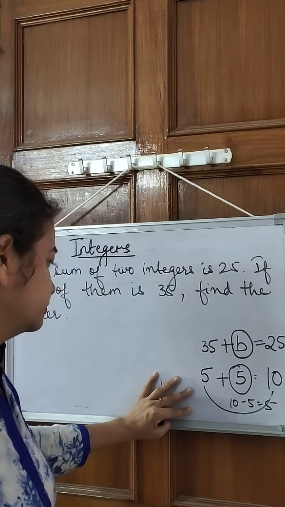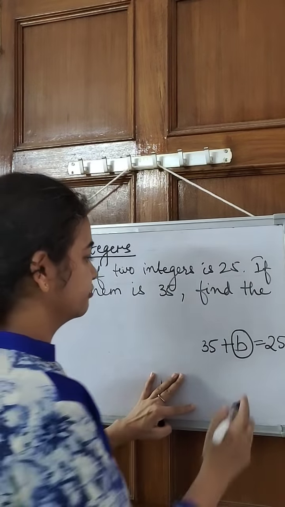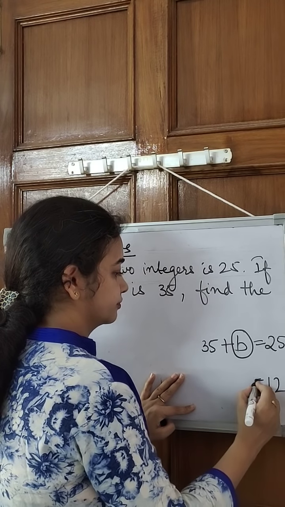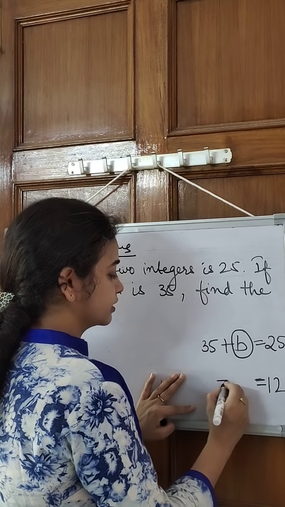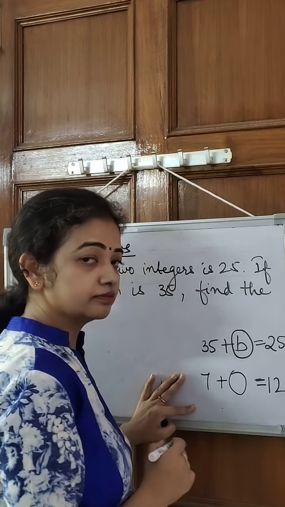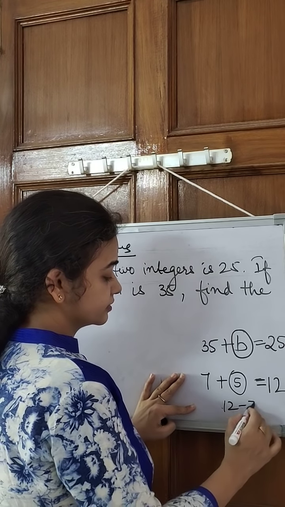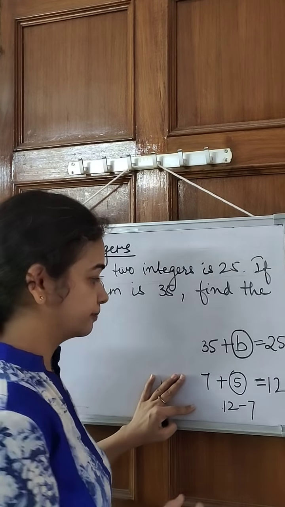Let's take one more example. I have 12 bananas and I gave 7 bananas to my friend. How many bananas are now left with me? I am left with 5 bananas. And how did I get it? 12 minus 7.